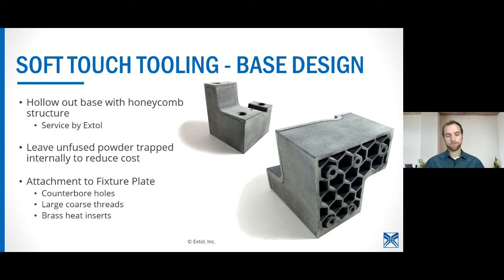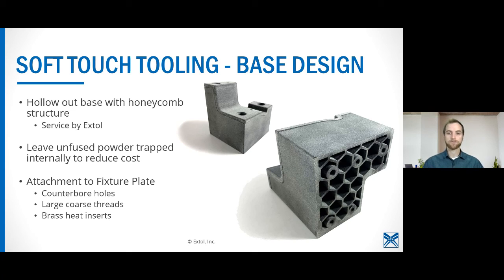And for most applications that aren't weight saving, I like to leave this lower surface filled in or have a wall thickness there and just have it hollowed out with honeycomb on the inside, leaving unfused powder trapped.